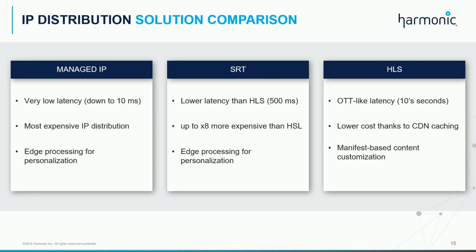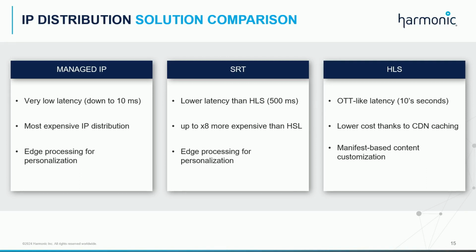Using managed IP, multicast technology, very low latency, most expensive distribution solution due to the underlying network, edge processing in order to be able to personalize the content. On the SRT side, we are in the same ballpark figures in terms of latency compared to satellite. More expensive than CDN-based, but also complex edge processing required if you want to personalize your content.